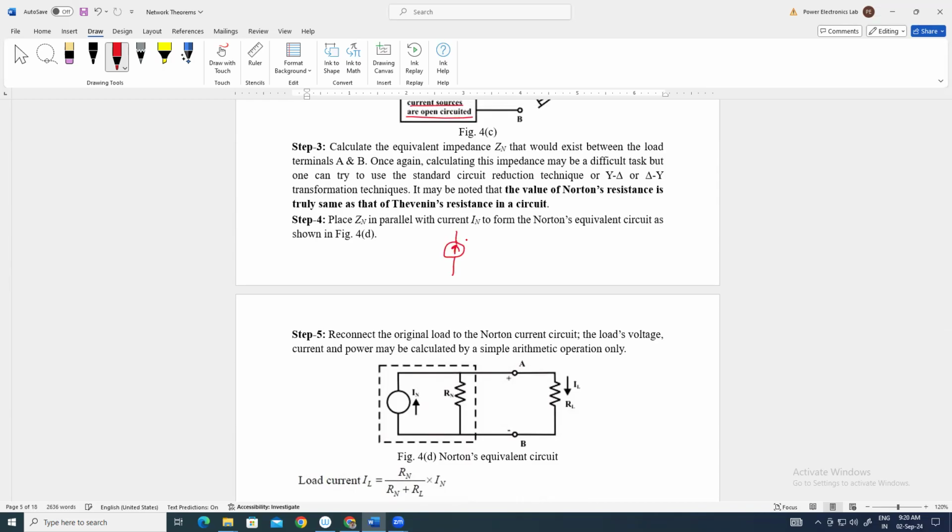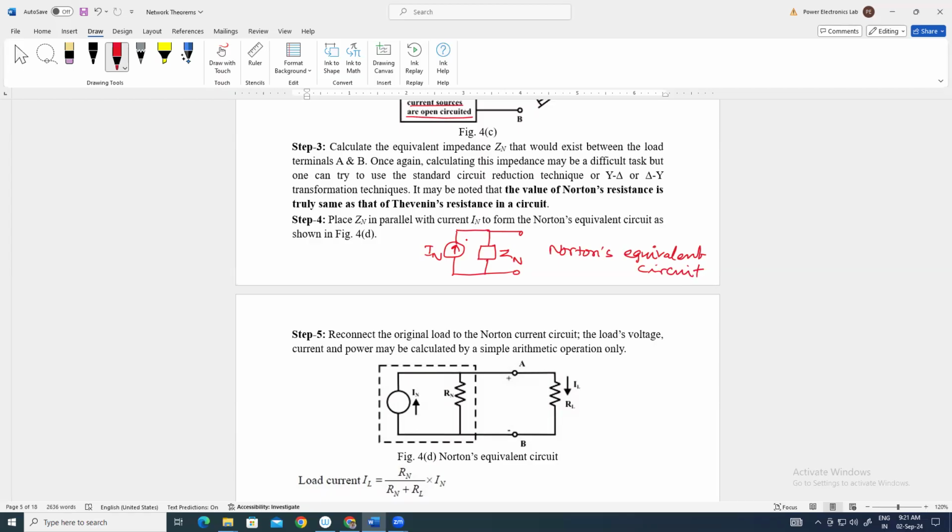So this is Zn, this is In. So this is nothing but Norton's equivalent circuit. Okay, this is called a Norton equivalent circuit.